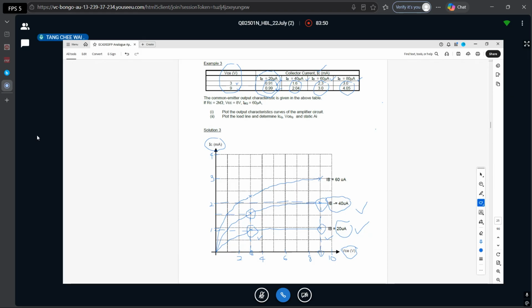So I have already done this one and this one, and now I left with the 2. Can you look at the third one? Where are the points that I marked? 1 point is here, 1 point is here relating to IB equals to 60 milliamp. Can you get these 2 points?